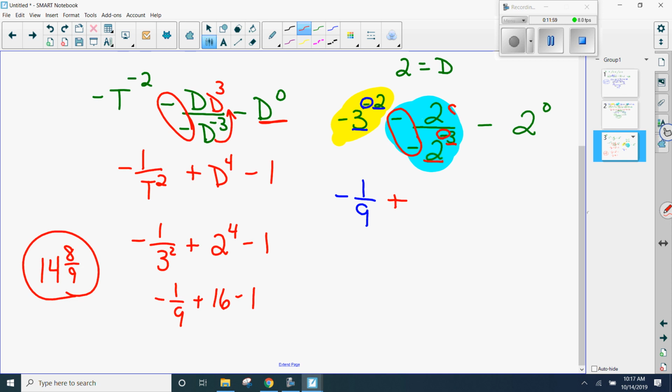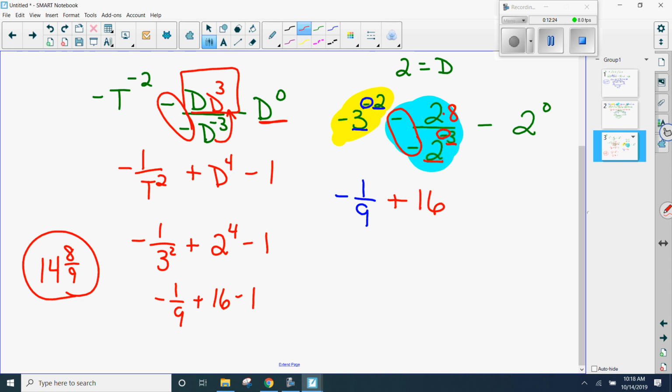Flip it. So I put my 8 in the numerator, but what you do to those two numbers is you multiply them together. Don't add them. That's a common mistake you see as you add. But just like when I put the variables in there, if I move that up, you were multiplying those bases, you add the exponent. Here you multiply the bases, multiply your values. So you end up with 16.